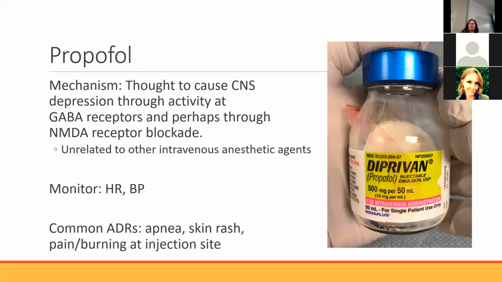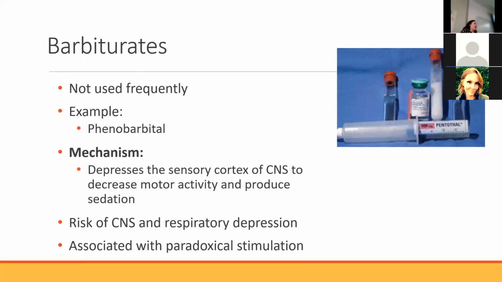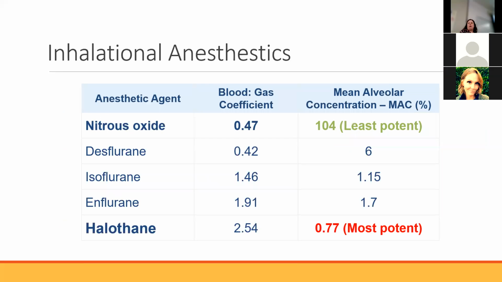It can cause decreases in blood pressure and heart rate. Barbiturates: phenobarb is the most common that's available anymore, and we really don't use it anywhere. And then the inhalational anesthetics, ranking them by potency from nitrous oxide to halothane.